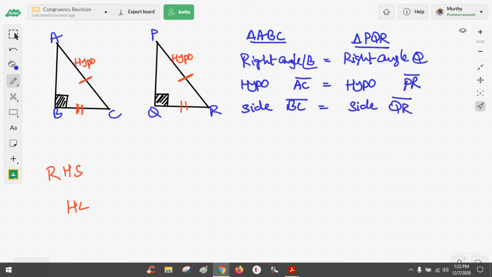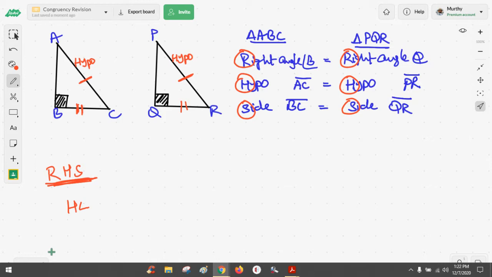So now we are taking three elements and we are proving that they are equal. Then I can say that these two triangles are congruent. By which postulate? By RHS: right angle equals right angle, hypotenuse equals hypotenuse, and side equals side. Therefore, we say RHS.